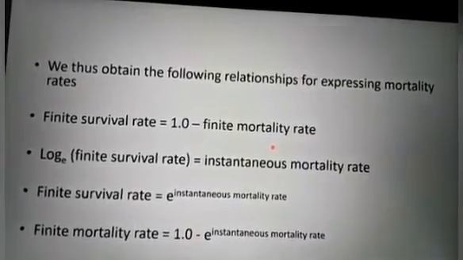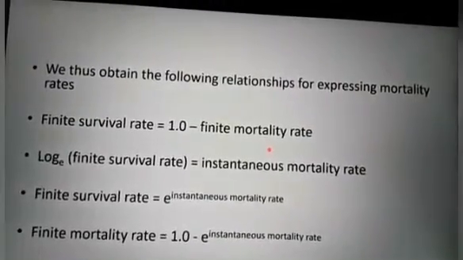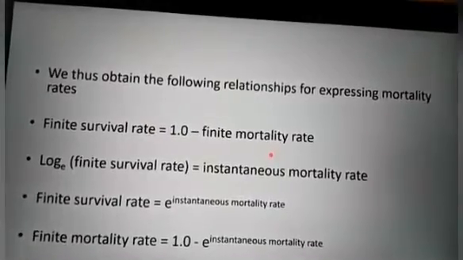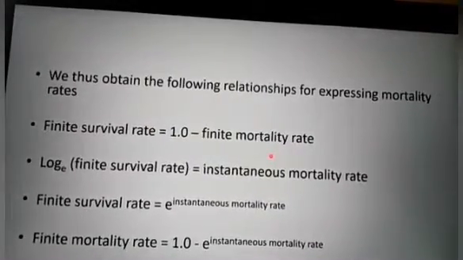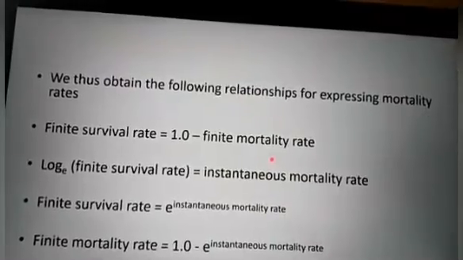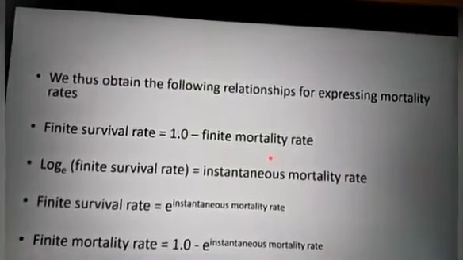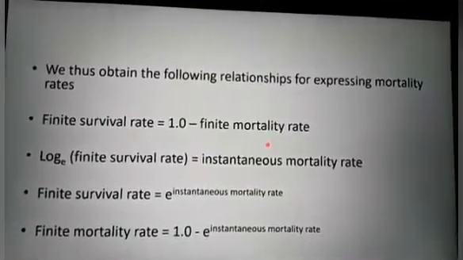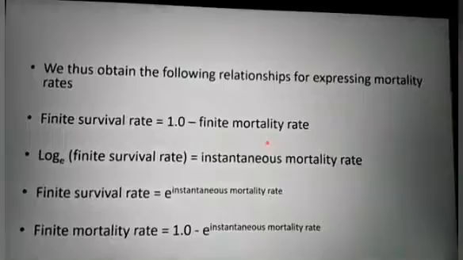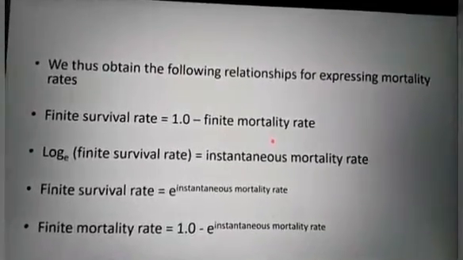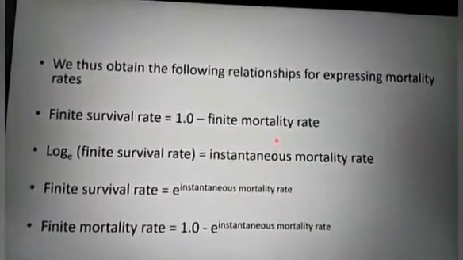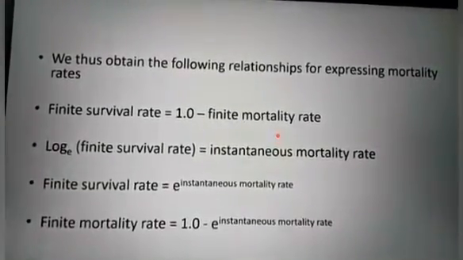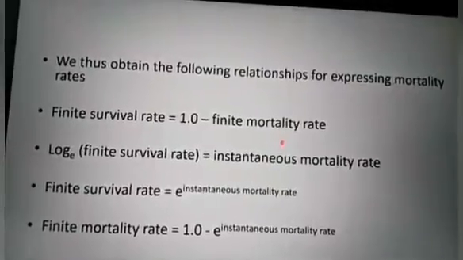The finite survival rate is equal to 1.0 minus the finite mortality rate. Log e finite survival rate is equal to the instantaneous mortality rate. So the finite survival rate is equal to e to the power i, the instantaneous mortality rate. So the finite mortality rate is therefore equal to 1.0 minus e to the power i.